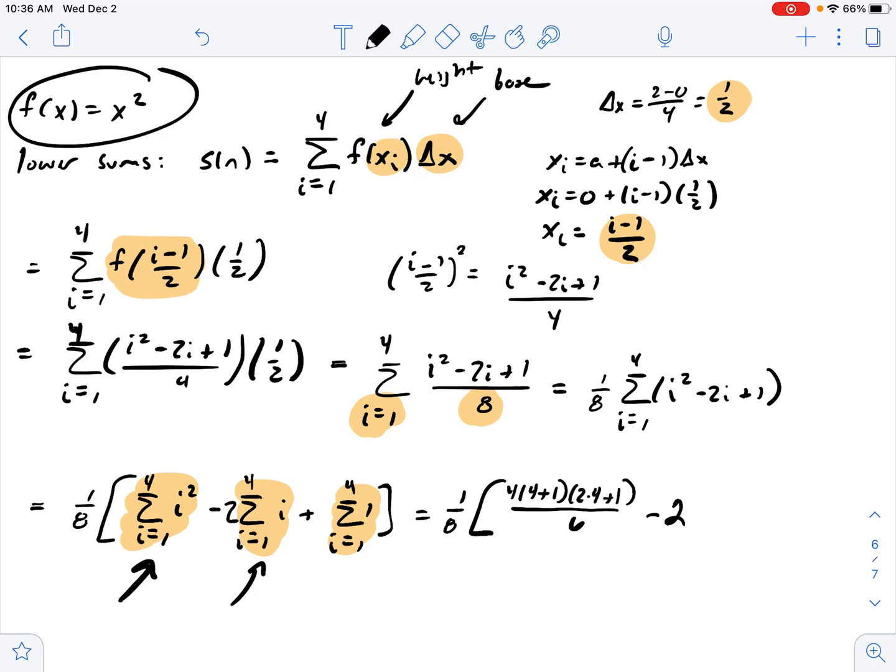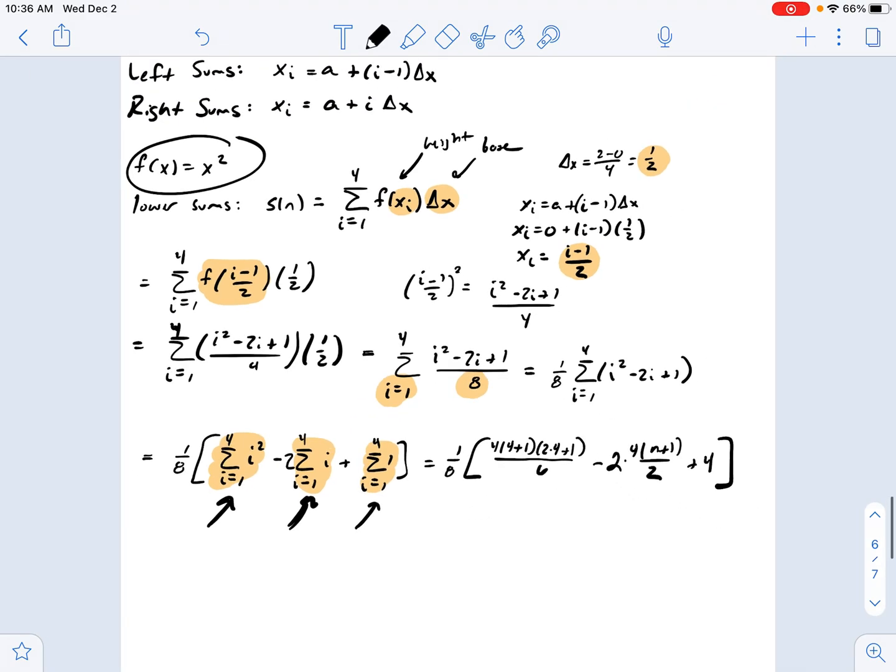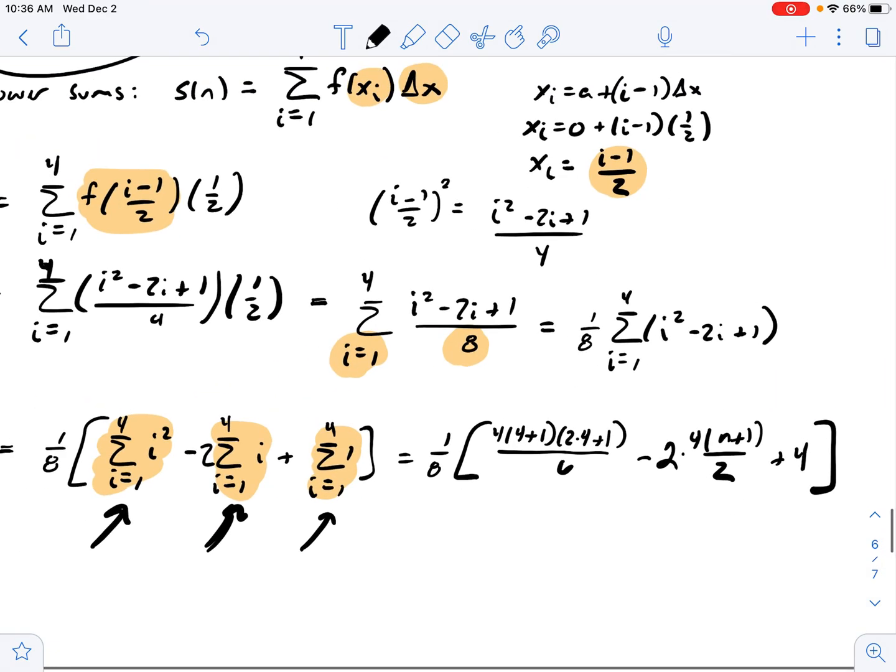Minus twice the value of the summation as i goes from 1 to 4 of i, well, that's going to be n times n plus 1 divided by 2. So there's the value of that summation. And the summation of the constant is a constant times n. That's 1 times 4, which is just 4 here, so plus 4. All right? So we get all this, right?